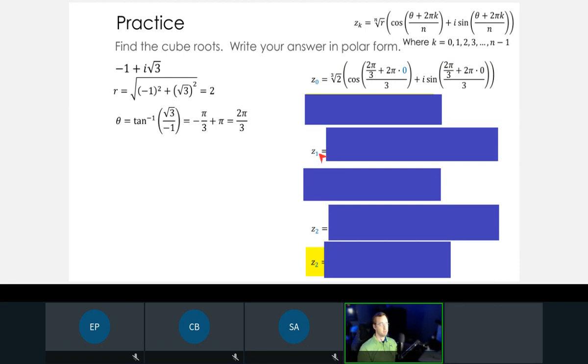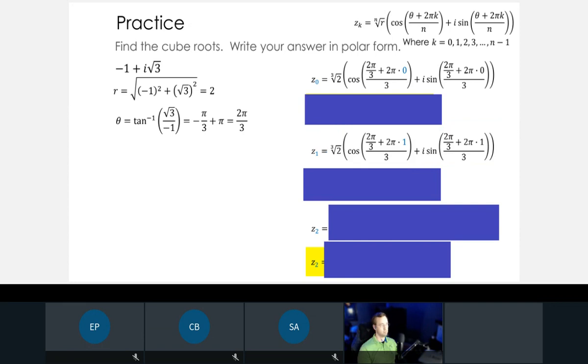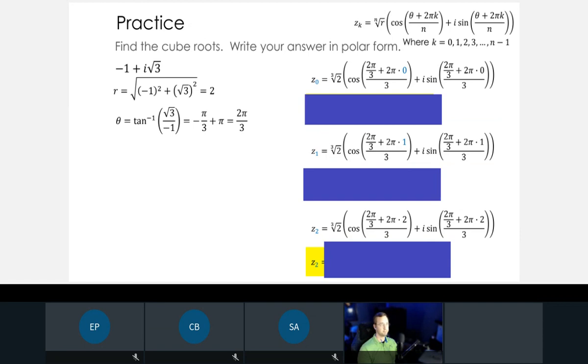So when I do this down here, my k will then be 1. And then for the other one, my k will be 2. You could also do this problem in the shorthand form, and it'd be a lot less to write. And I think I show that on the next page, but we'll see.